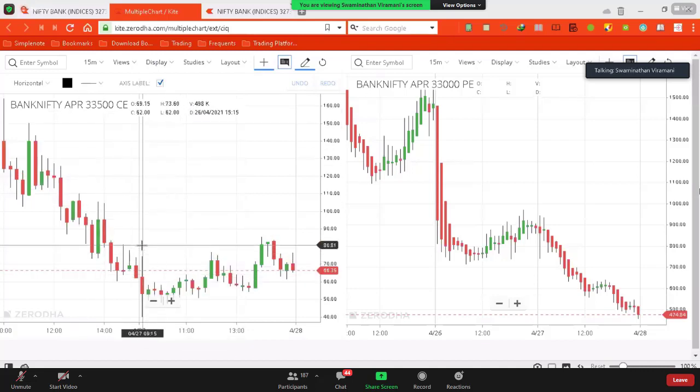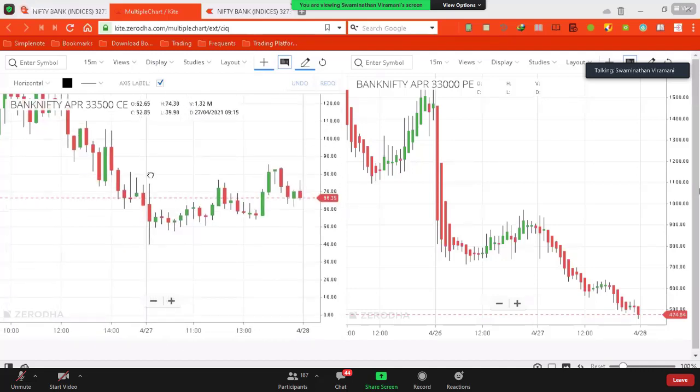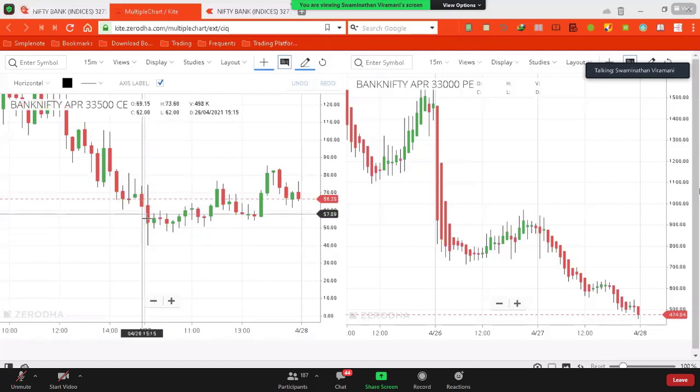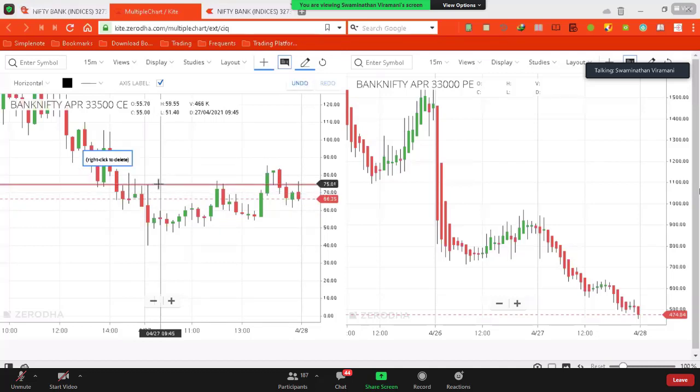I switch over to my regular candlestick mode. I keep looking at whether my high is broken of the previous candle's, a normal candle's high. So at each stage, I'll make an SLM order. First, I place my SLM order here. If this high is not broken, I'll move it to the next one.